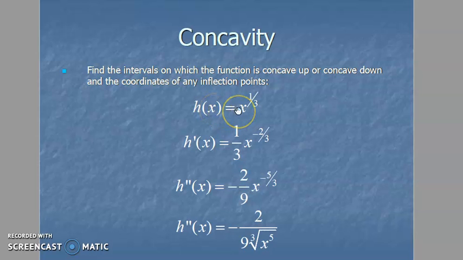So you are given h of x is x raised to 1 by 3. H dash of x, the derivative will be 1 by 3 into x raised to minus 2 by 3. Then second derivative is minus 2 by 9 into x raised to minus 5 by 3. So I can write it as minus 2 by 9 into cube root of x raised to 5.